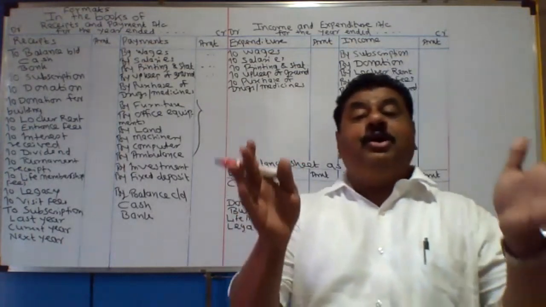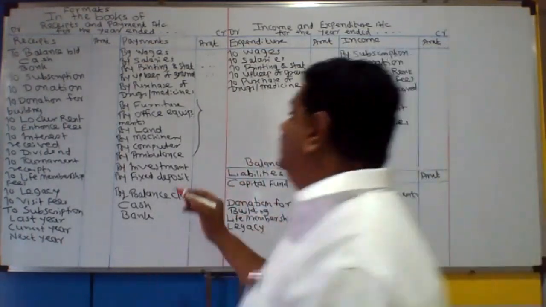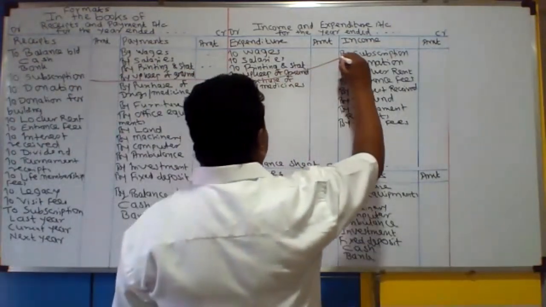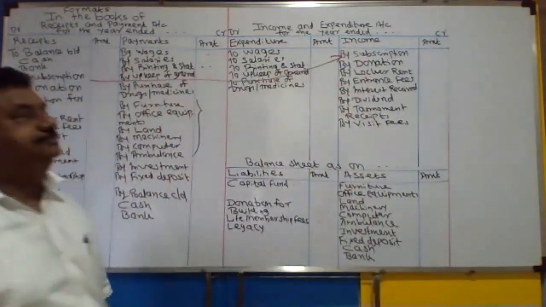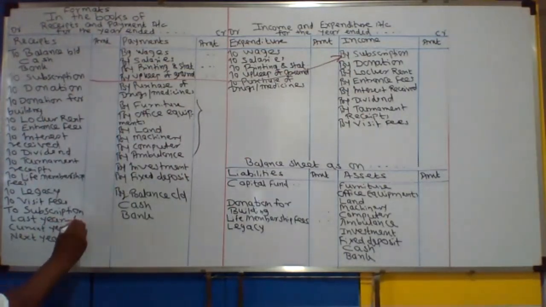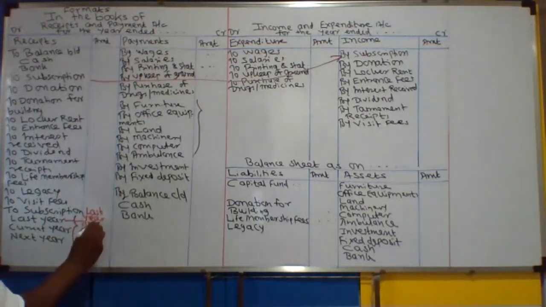If it is given only subscription, like this, then it is to be recorded to income side. But if the subscription is given to you separately like this, where to record? Last year subscription will appear in last year balance sheet asset.